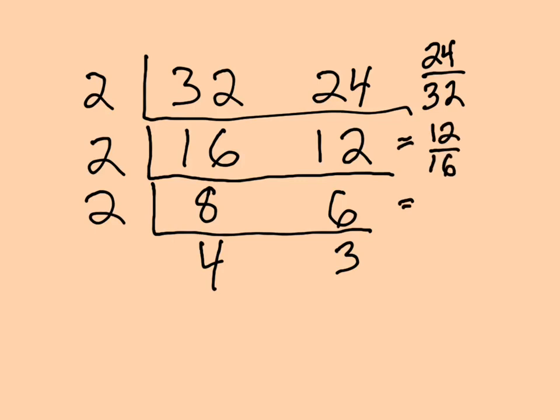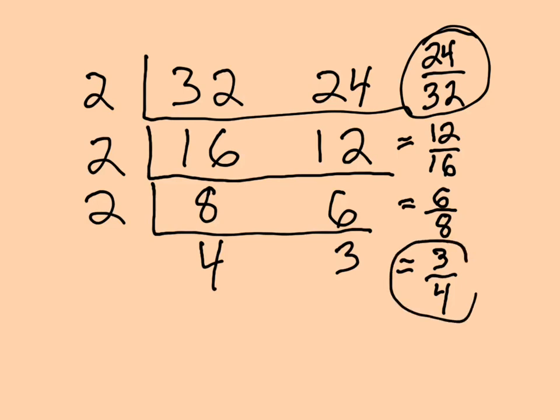And another equivalent fraction is 6/8. And the simplest fraction is always on the very bottom. So if I need to simplify 24/32, I can just make an L chart and read the bottom row and get my simplest form. So that's kind of a nice little trick.